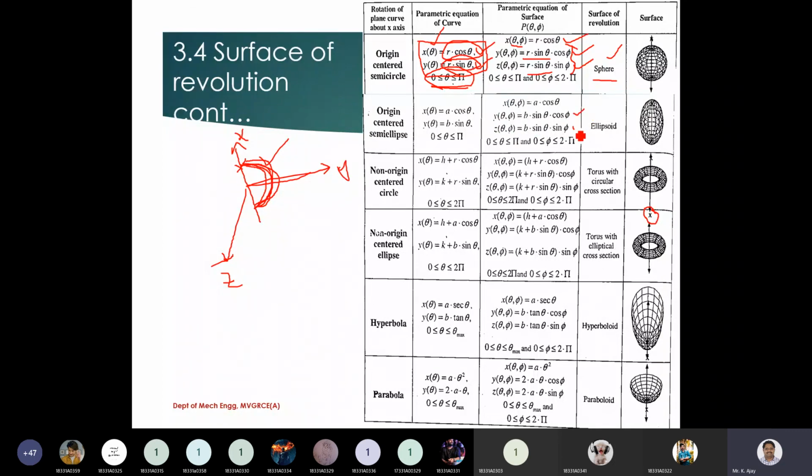Only for y and z will you get this phi term. That phi term will not appear in the x equation. The phi term comes only from the rotation, whereas y and z have both theta and phi. So the same thing is happening to all the surfaces of revolution. I hope you are following.